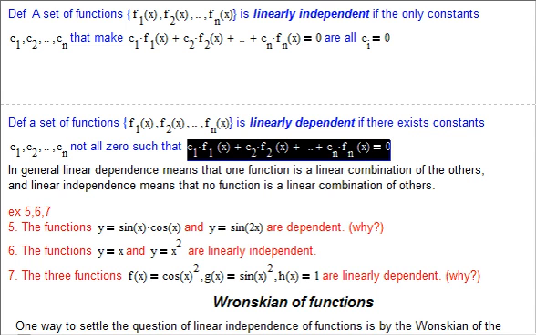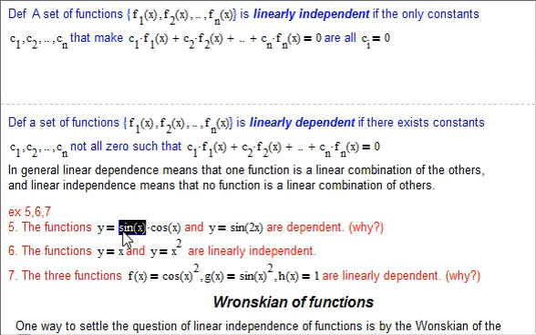So let's look at some examples. Here are examples 5, 6, and 7. The functions y equals sine of x times cosine of x and y equals sine of 2x are dependent. Can you explain why they're dependent?